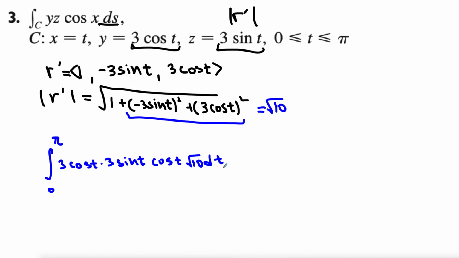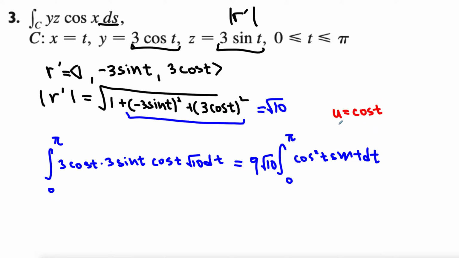When we simplify this, we can take 9 and the square root of 10 out. Going from 0 through pi, we have cosine squared t sine t dt.